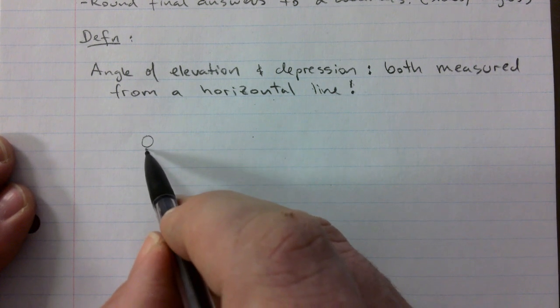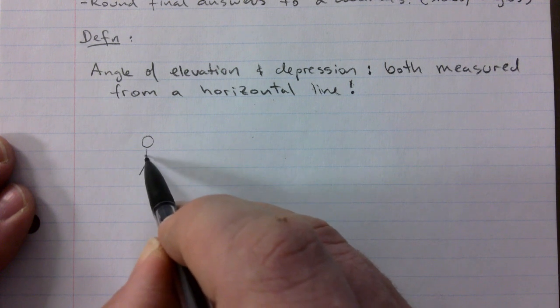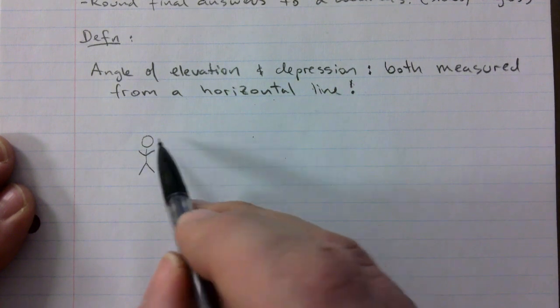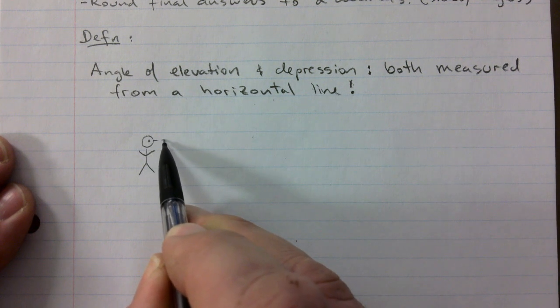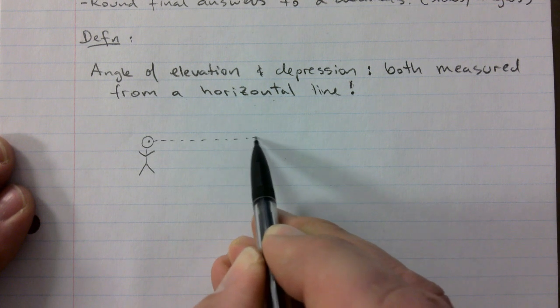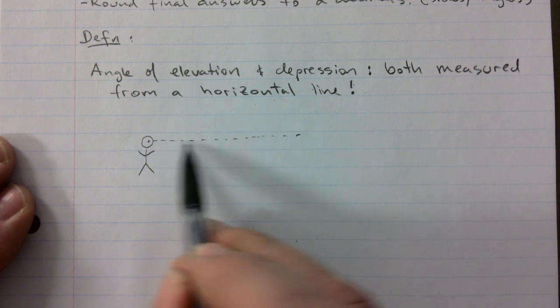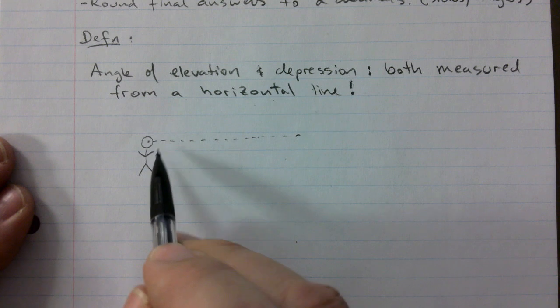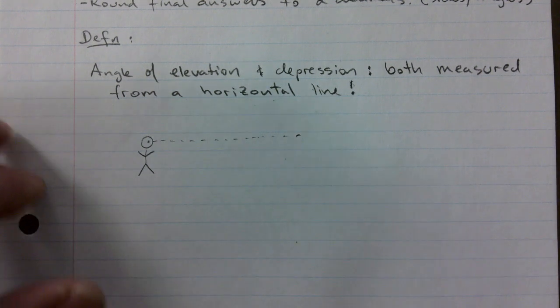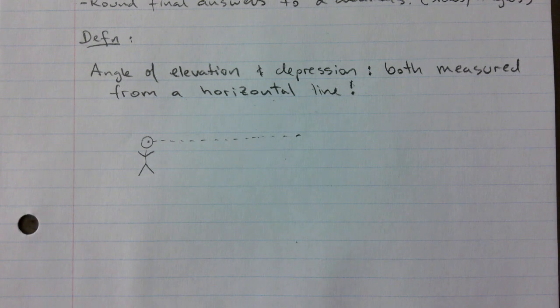So we'll just have our good old stick man there, eye level. And so imagine there's the horizontal line, right? Basically going straight out, and you'll have 2 angles from that one.